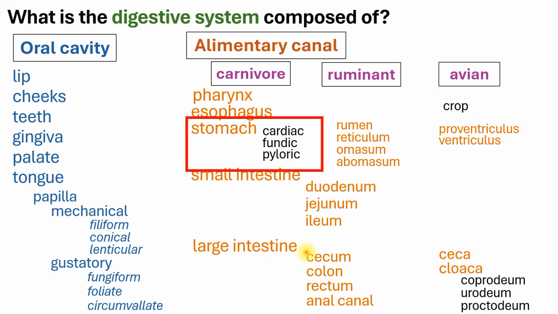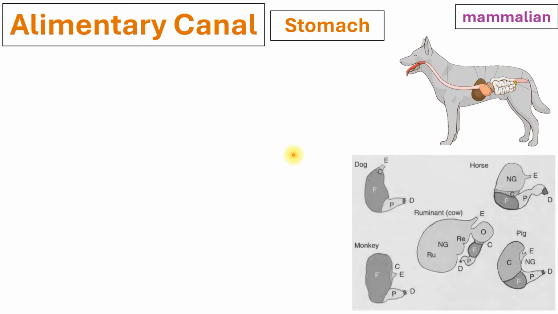Next, let's discuss the typical stomach of your carnivore. So all of the subparts that we will be discussing, the cardiac, fundic, and pyloric, will be glandular in nature. So these three subregions of a glandular stomach actually will differ in their ratio or how extensive they are depending on the species.